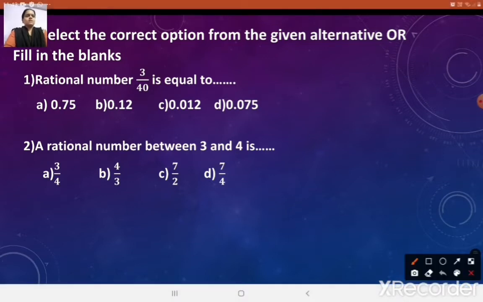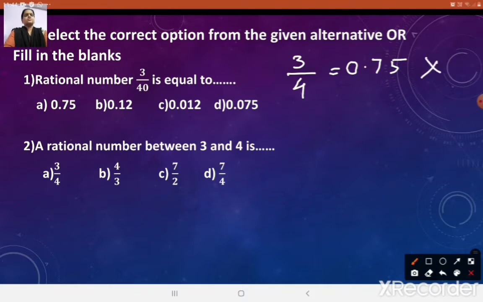Now 3 upon 4. If 3 upon 4 is a number, divide the number 3 by 4. Can you do it orally? Can we divide the number 3 by 4? Not possible. So 0, then 4 7s are 28, remain 2, 4 5s are 20. Is 0.75 in between 3 and 4?